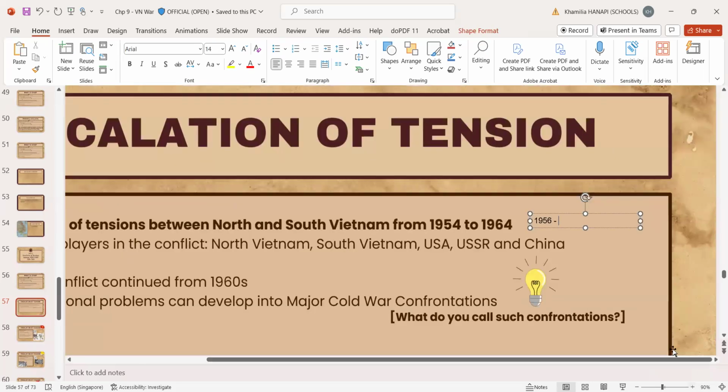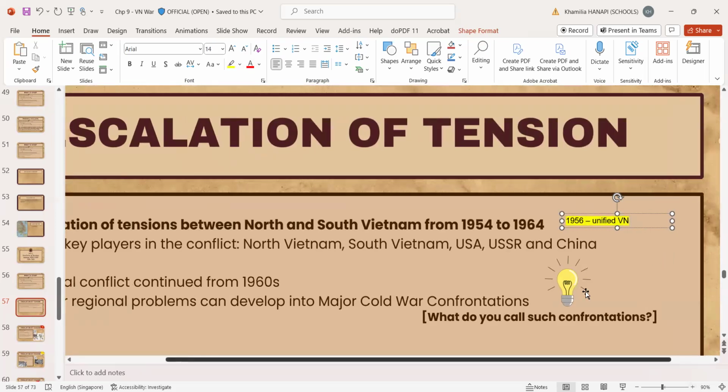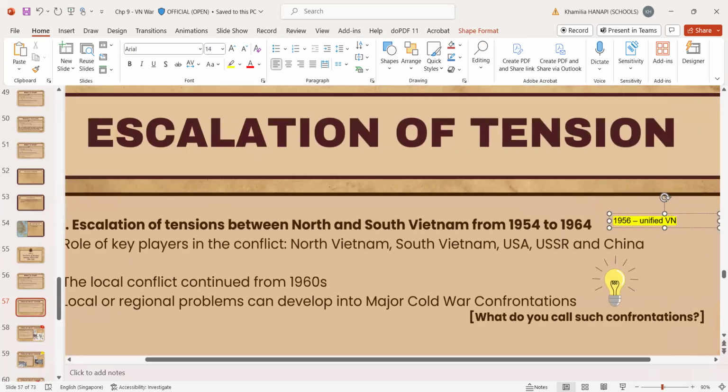From 1956, what they wanted was to have a unified Vietnam. But it did not happen, because there was so much tension and clash between these two groups of people, so it didn't materialize.